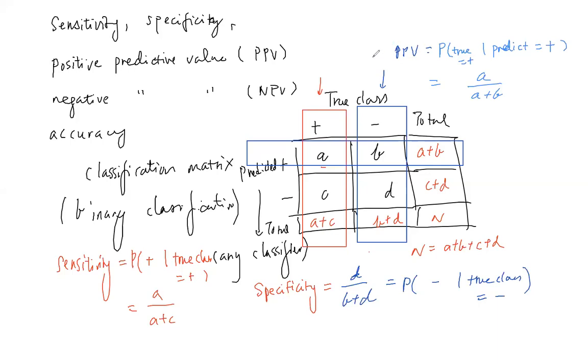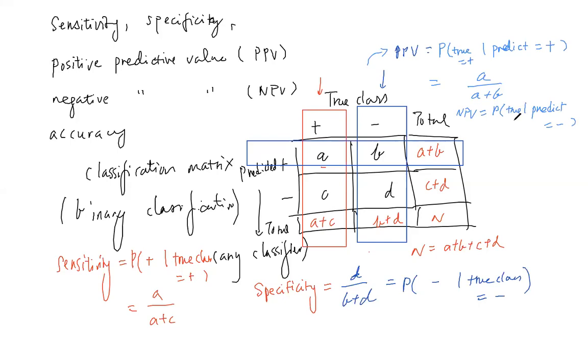Okay, so this tells you how useful, how informative your plus prediction is, right? If you get a plus prediction, does it mean that the true class is plus? Okay, and then you have your NPV, which is to predict equals negative.